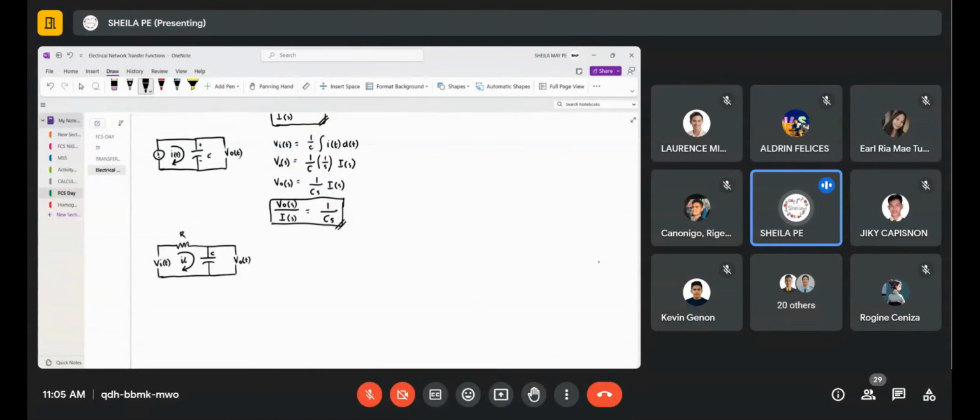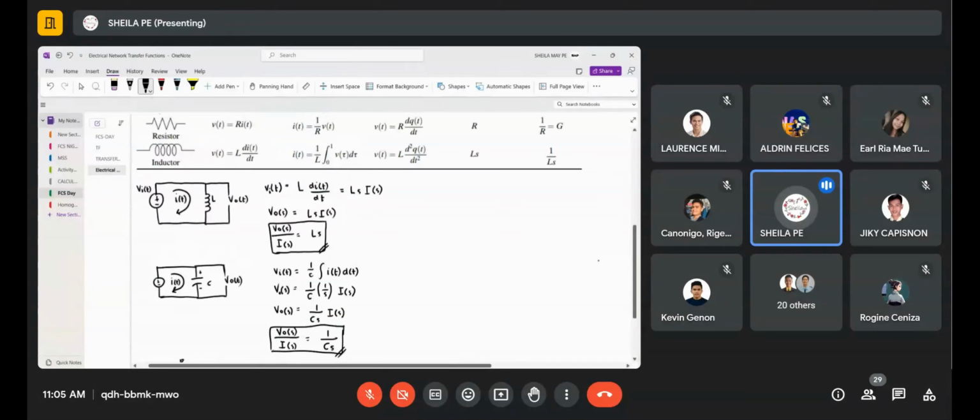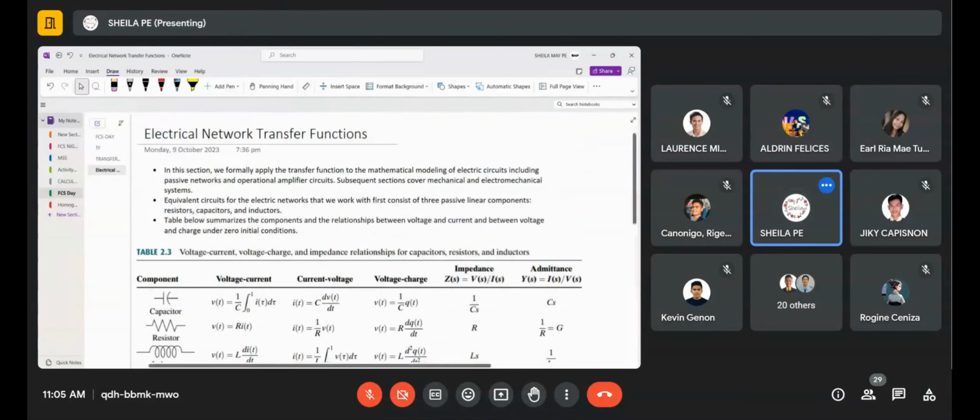If we have IT here, so V of t, what's our R here?